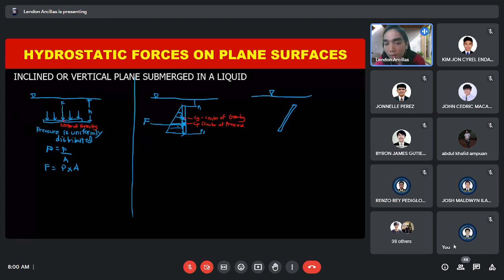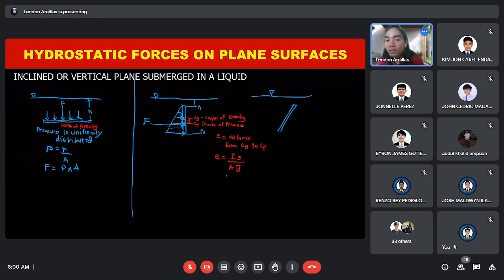Okay. The distance E, this is E, distance from CG to CP. Again, to find the value of E, ano nga formula ng E? IG over area times the centroid.